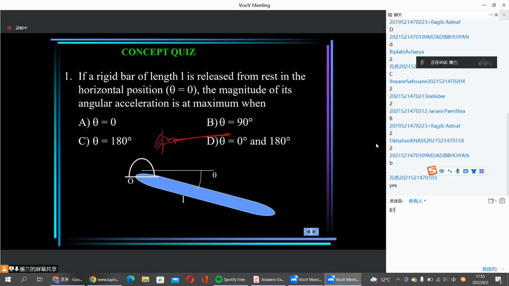So can you choose alpha? This is O. So only the weight will produce moment, right? Sigma MO equal to IO alpha. So the force will have the maximum moment about point O when we have the maximum moment arm, right? So the answer should be D.